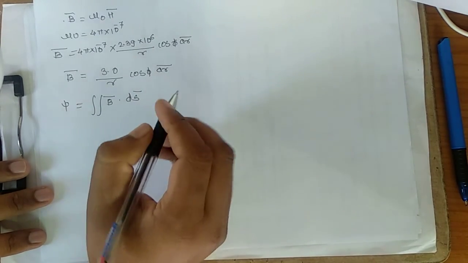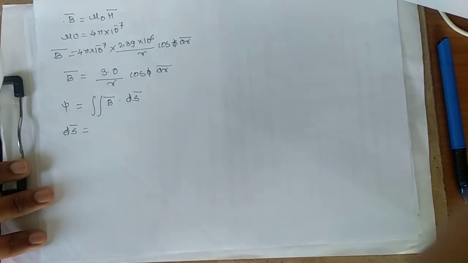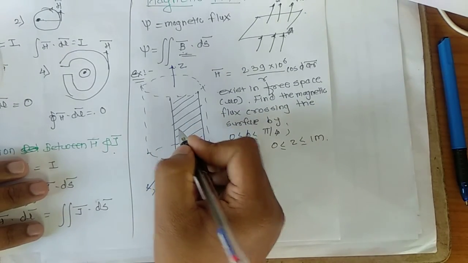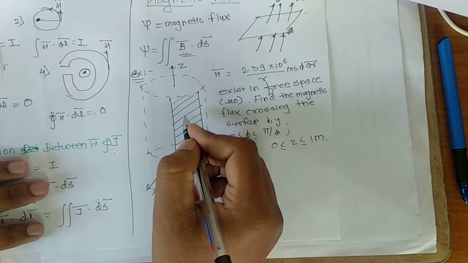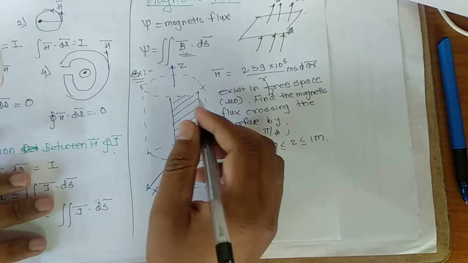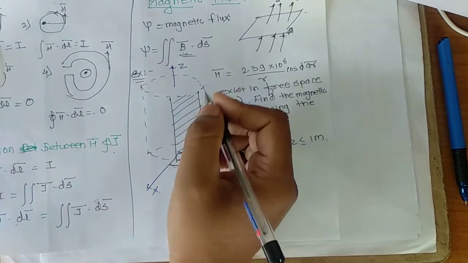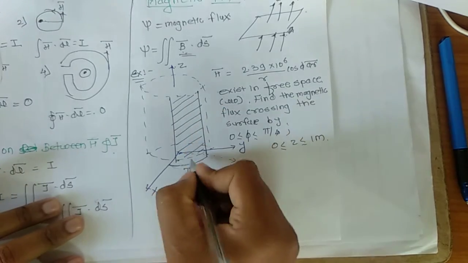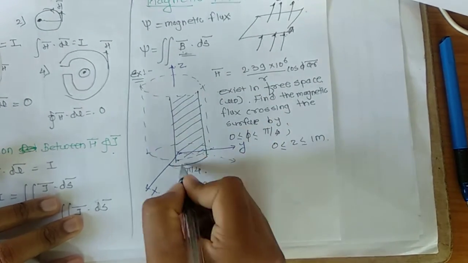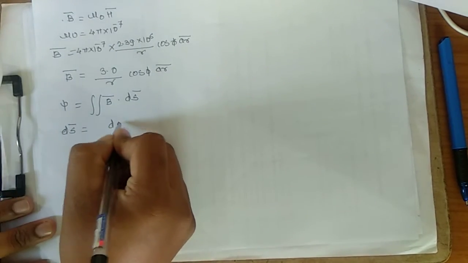So how do we find ds bar? ds bar is a multiplication of two sides, and the third side is constant. Here phi and z are varying, so you can write d phi and dz.